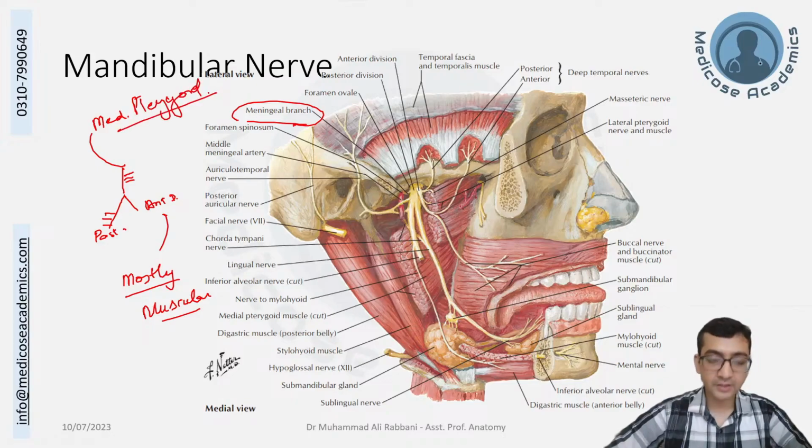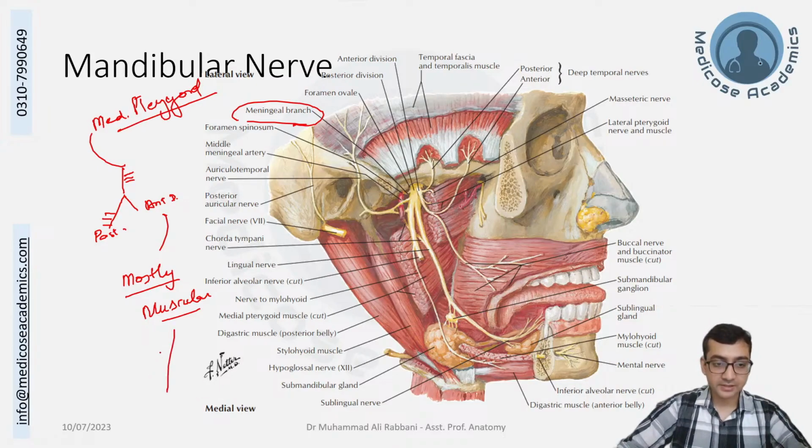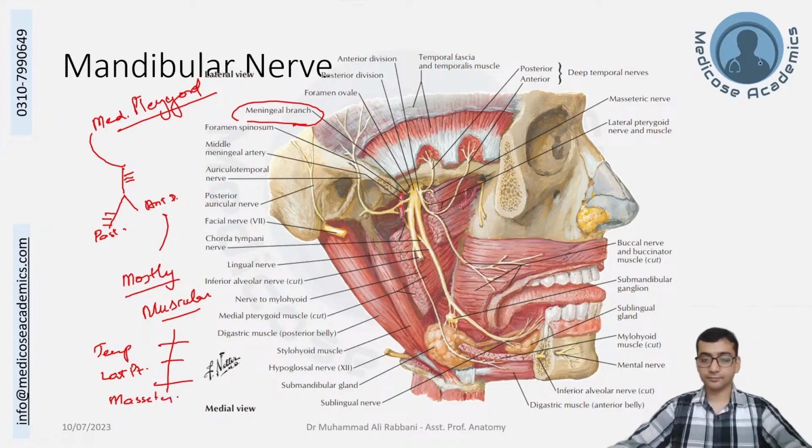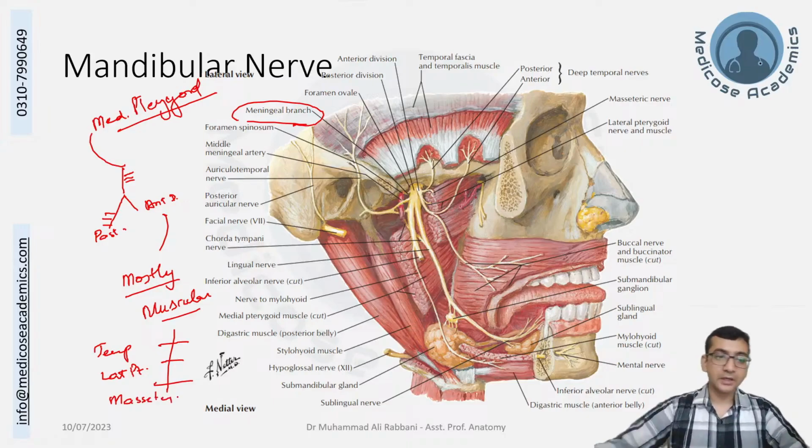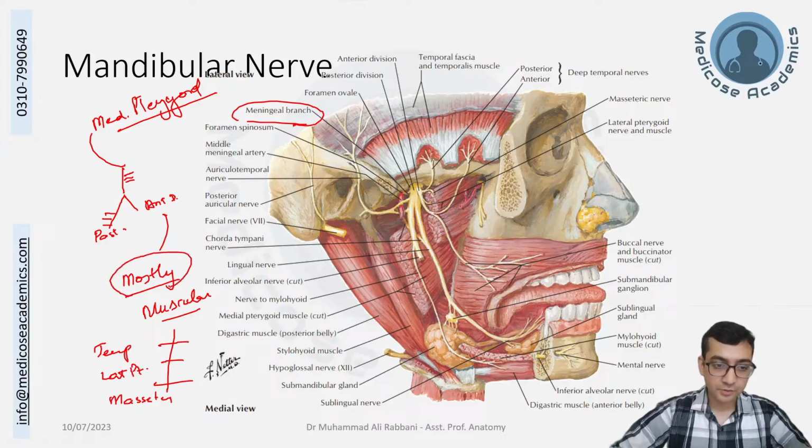So what are we left with? We are left with three muscles: temporalis, lateral pterygoid, and masseter. So let's find them. Again, the word mostly I used, there is one sensory nerve also.